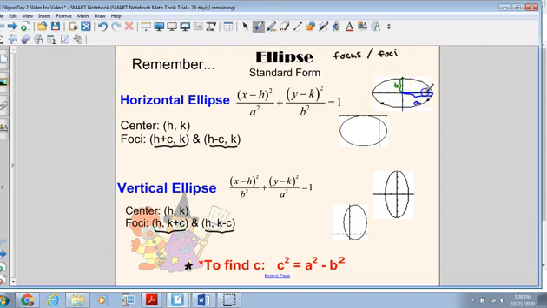In this one it's approximately right here. And a is always larger than the other values. So c squared equals a squared minus b squared. I think it's super helpful just to remember what those values mean. a is the distance from the center to the endpoint of the major axis. b is the distance from the center to the endpoint of the minor axis. And c is the distance from the center to a focus point.